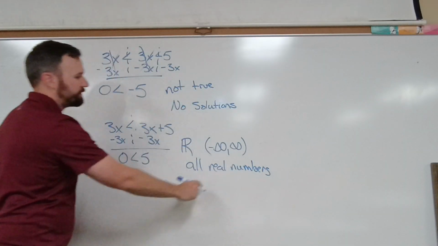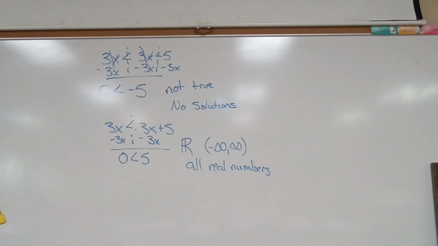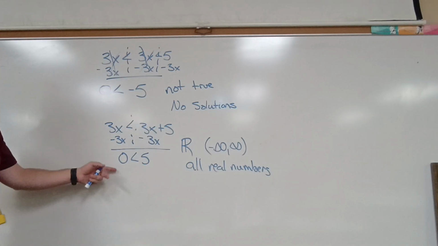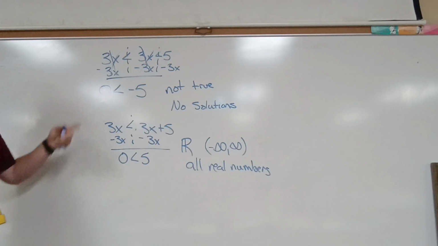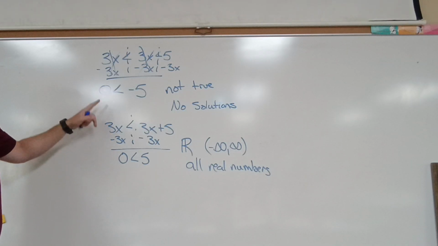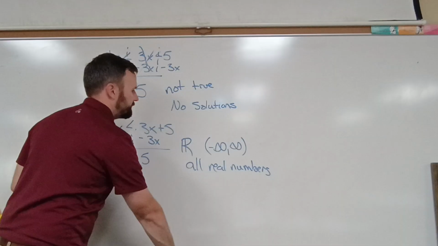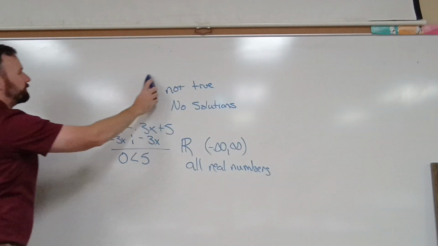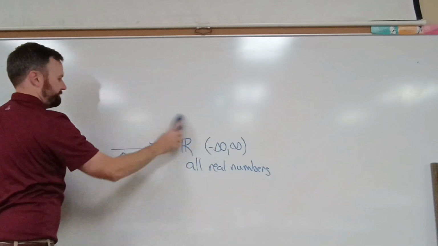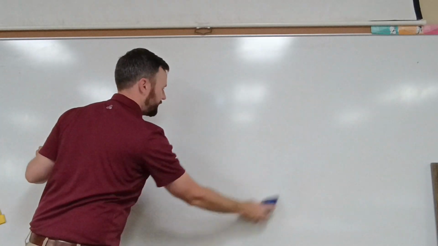All these things mean the same exact answer, okay? On the homework, you're going to put R, right? R means real solutions, all real numbers. So if it's true, it's all real numbers. If it's not true, it will never work, okay? True always works. Not true never works. Math is one of the only times you can speak in absolutes.